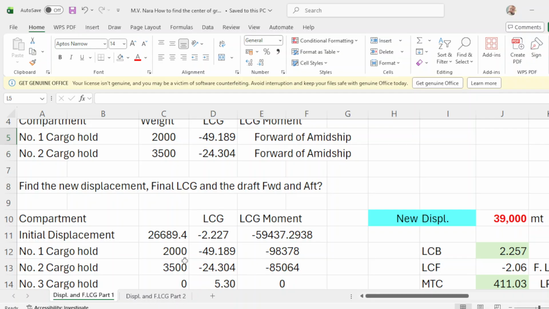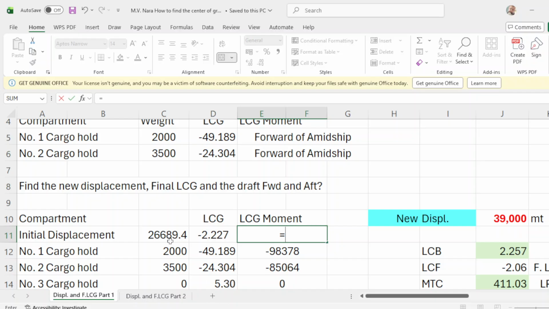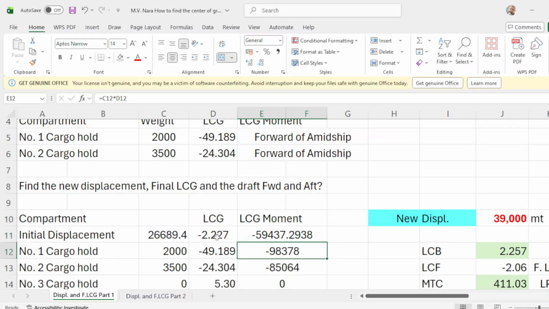Okay, so what you do: this weight, your initial displacement, multiply with your LCG of negative 2.227, and that will be negative 59,437.2938. Put equals, click the weight, then multiply by the LCG, then you will have this value.